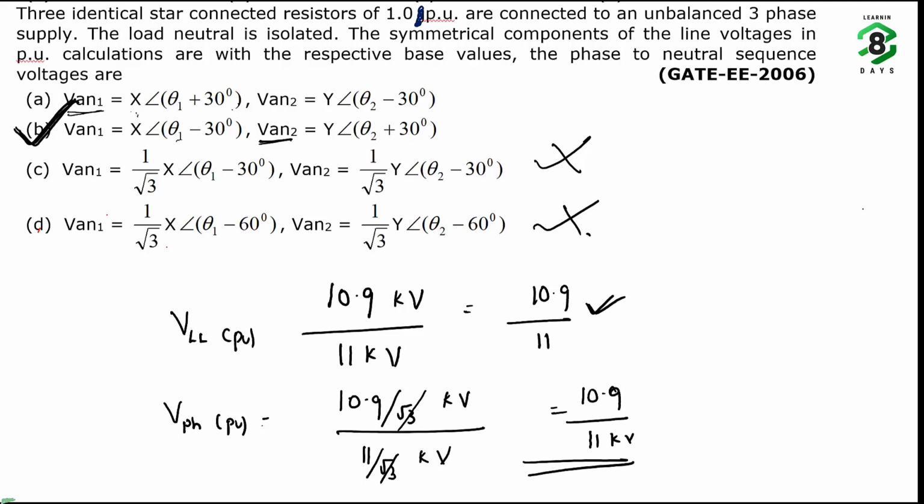And more importantly, even after getting that, you may fall into the pitfall of root 3. Since he is telling it in per unit, you have to ignore that root 3 factor. So considering all this, option B is the right option.